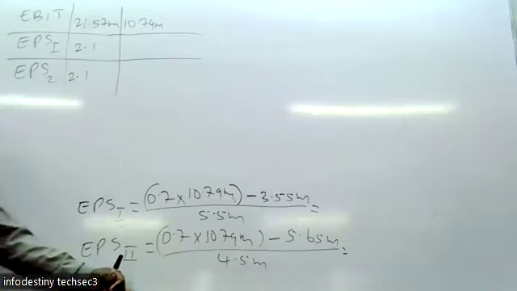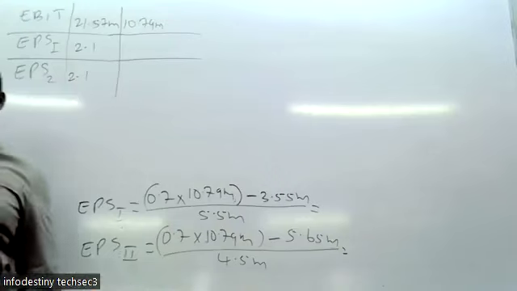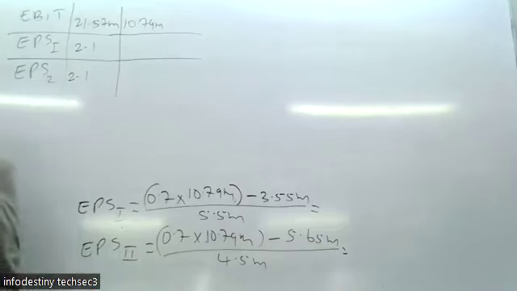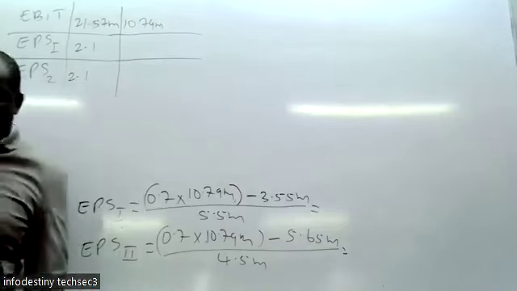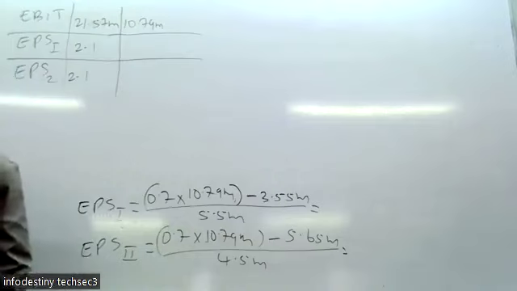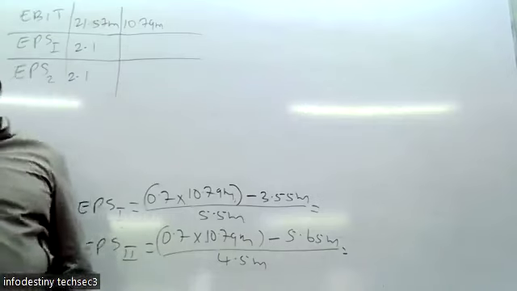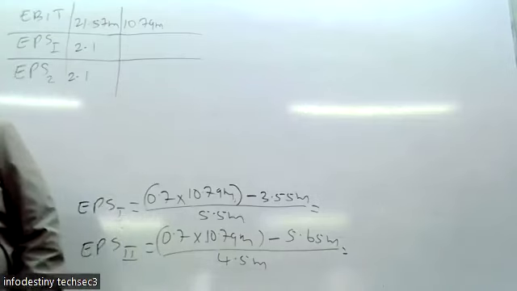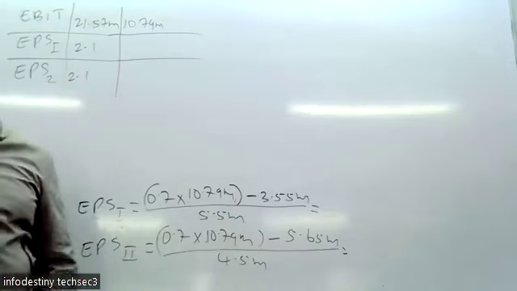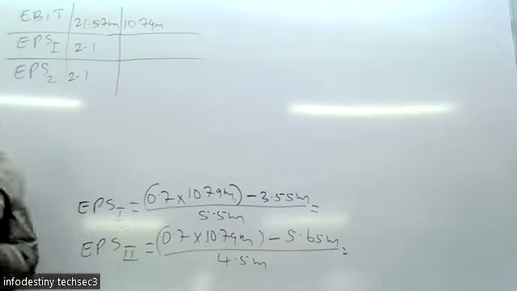So the one for option 1, this time it is not the same because it is not the point of indifference. This time it will be different. So they are not the same.